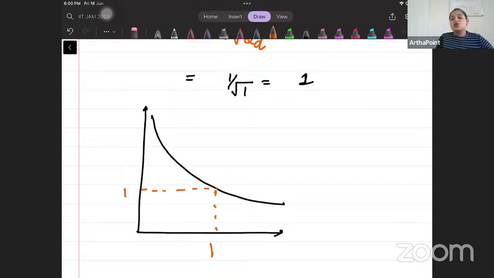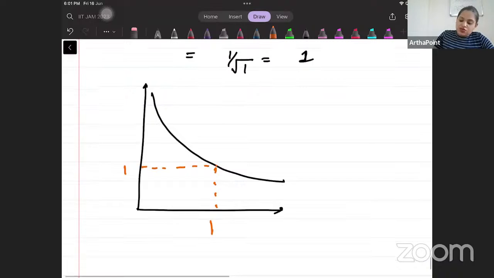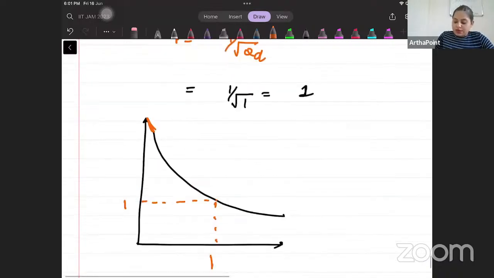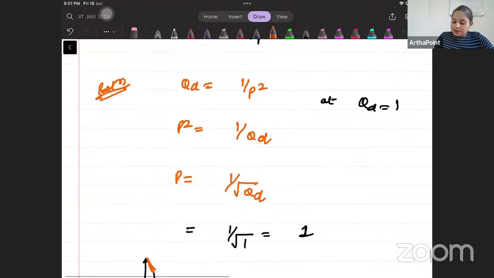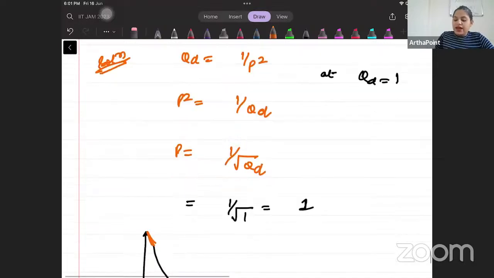In order to find consumer surplus, you must find out the area under the curve. So you must go ahead and integrate. Yes, a rectangular hyperbola only.